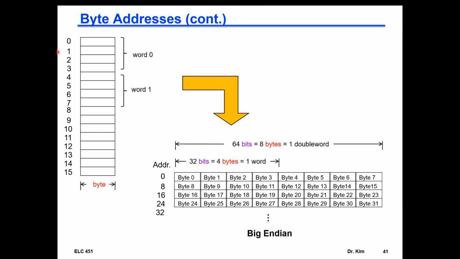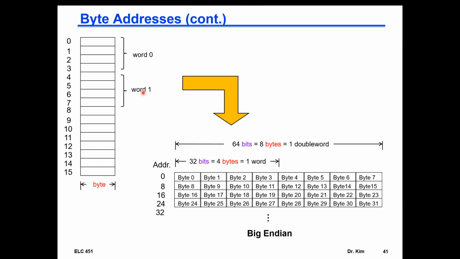This is going to become important because when we try to access data that is multiple bytes in length, let's say an integer that tends to be 4 bytes, and if you have stored an array of integers, this would be the 0 member of that array, and this would be the number 1 member of that array.